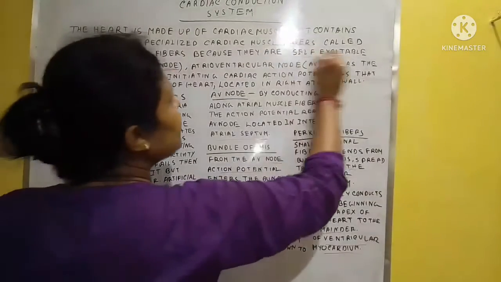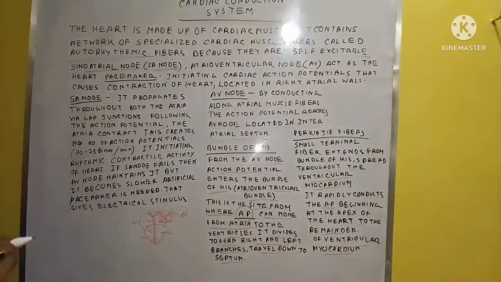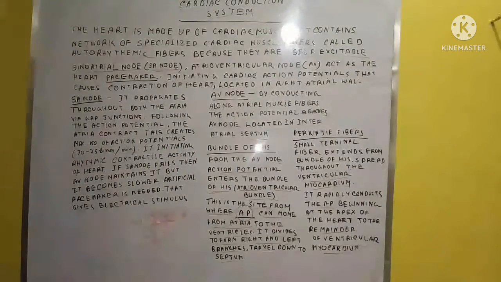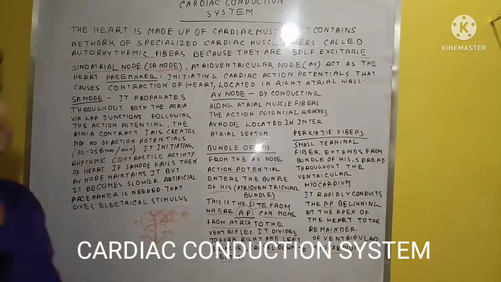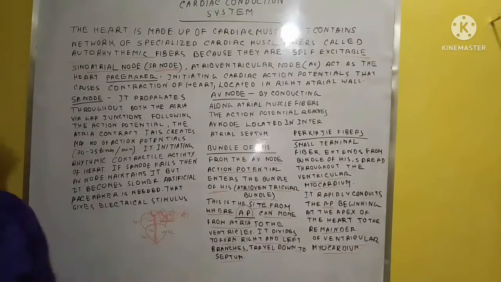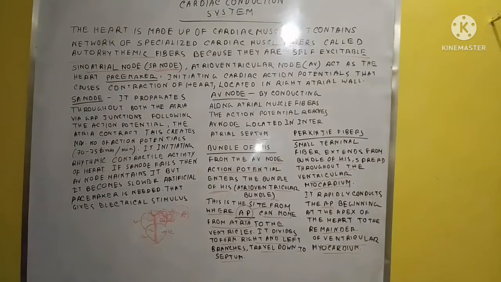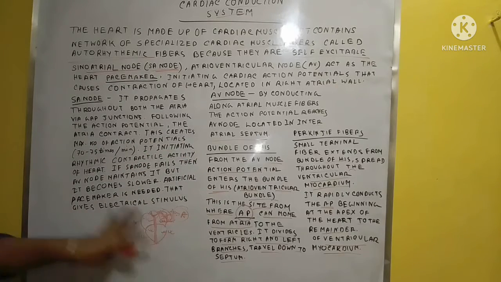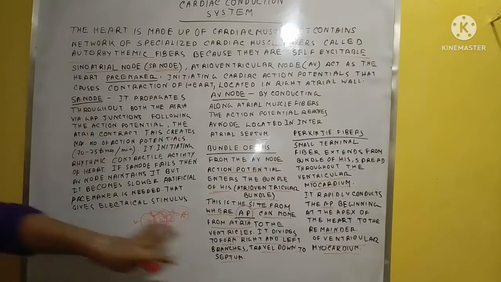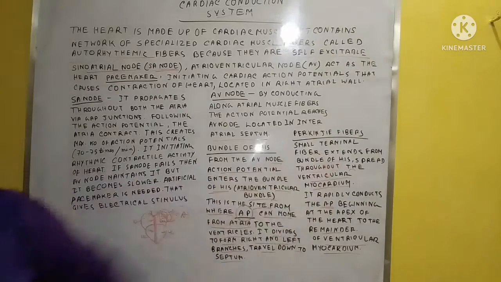These are self-excitable. No outside signal is necessary for the contraction and relaxation, or for producing the action potential or any impulse. They can produce the action potential and transfer it to the different parts of the heart, from the AV node to the Purkinje fibers.